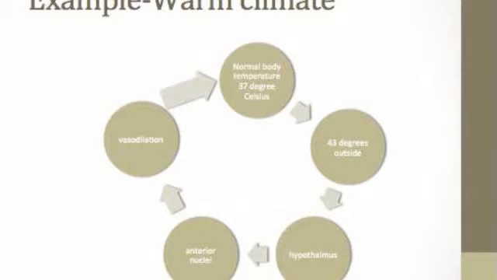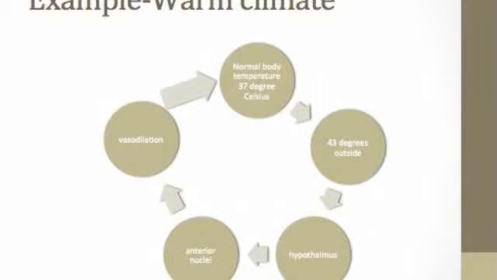There's this preoptic area of the hypothalamus, which functions essentially as a thermostat. What happens is that the preoptic area receives signals from the peripheral thermoreceptors on the skin. Once it receives these signals, they are sent to another area in the hypothalamus known as the anterior nucleus, and this is known as the heat loss center.